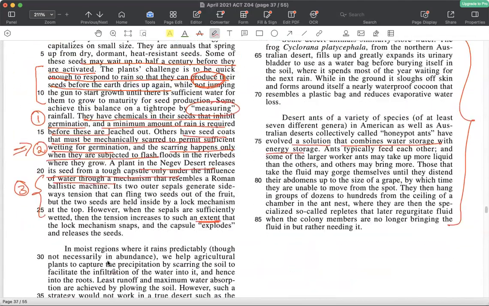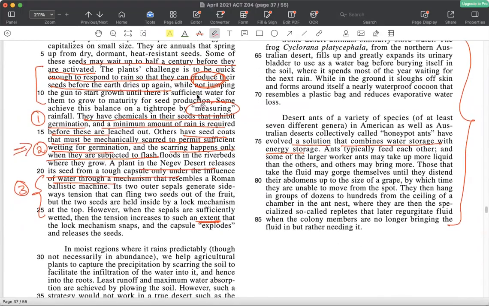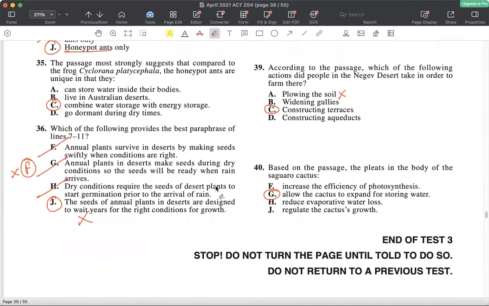Remember this line that the seeds may have to wait up to half a century before they are activated. The plant's challenge is to be quick enough to respond to rain so that they can produce the seeds. So only when there is rain, they make seeds swiftly when the conditions are right. Yeah, so indeed F is correct.